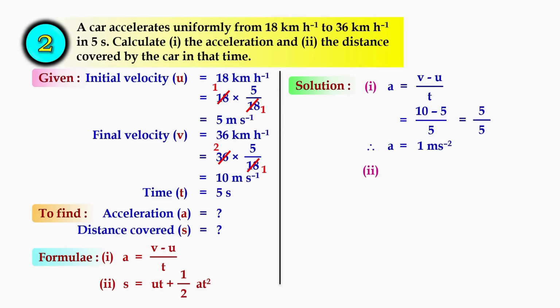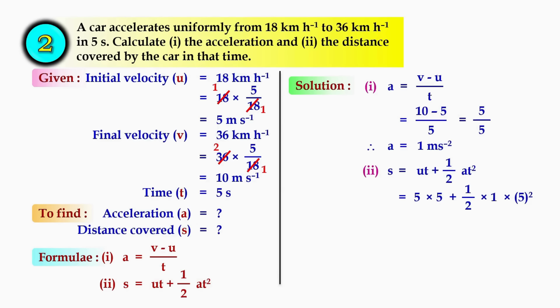Now let us calculate the distance covered by the car. We use the equation of motion that relates displacement, velocity, acceleration, and time. Displacement equals initial velocity multiplied by time plus half multiplied by acceleration multiplied by time squared.